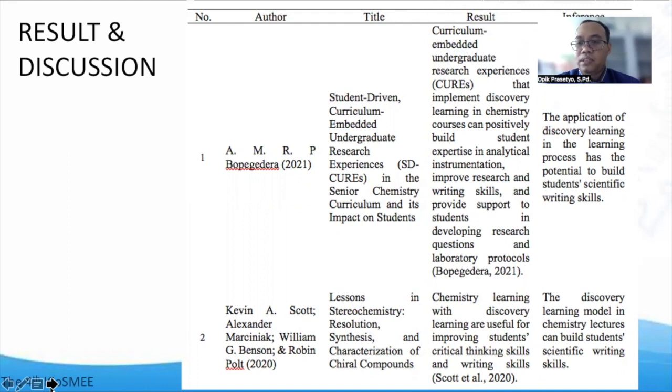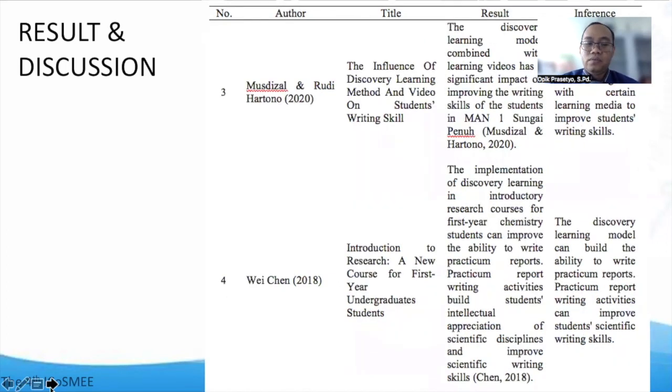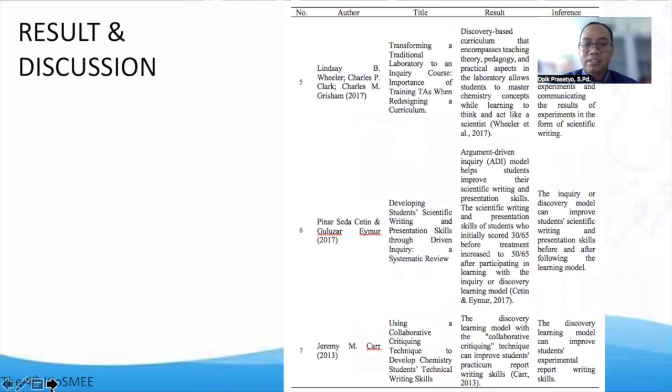So we can conclude that this implementation of discovery learning in the learning process has the potential to build student scientific writing skill. Now, the second article, the third article, the fourth until the seventh article showed that the implementation of the discovery learning model in science learning can improve the student scientific writing skill.